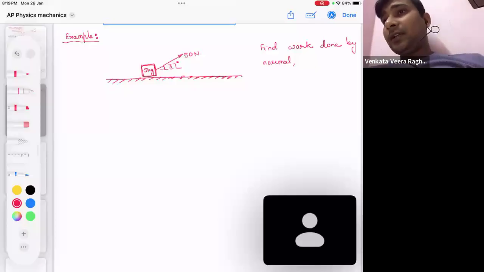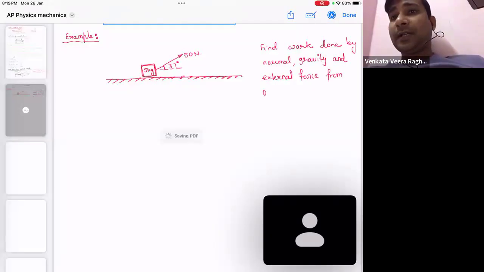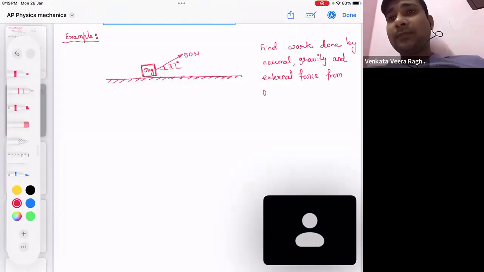So find the work done by normal, next work done by gravity and the external force. Find the work done by these three forces from t equal to 0, this is the particle location. At t equal to 0 we started applying the force here, and we go from t equal to 0 to t equal to 4 seconds.